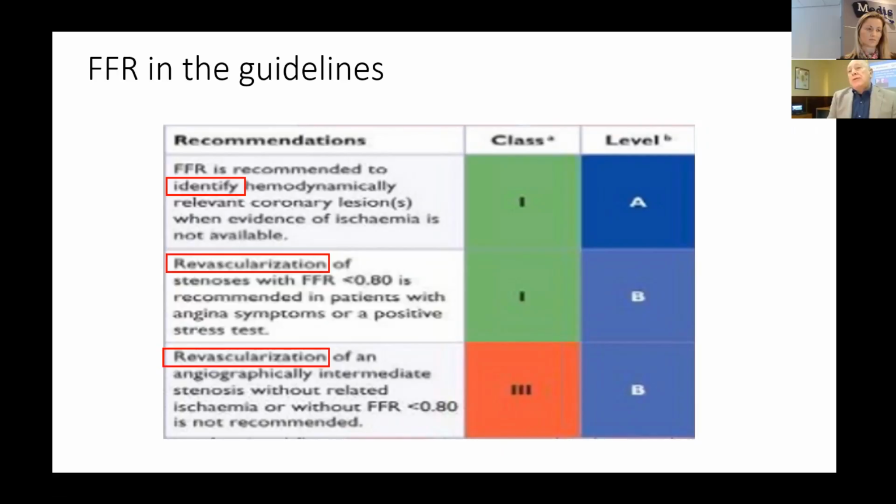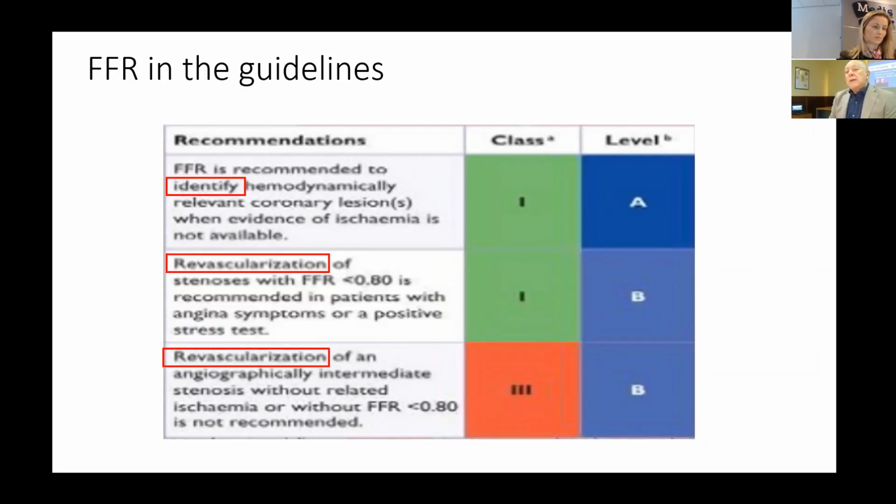I work in interventional cardiology in Sant'Anna Sebastiano Hospital in Caserta, Italy. And we had the chance to use this software for several months, so I can show you some indications and some uses of this software. First of all, I want to recall the use of FFR, the current guidelines. I apologize for the quality of this slide, but what is important here is the use of FFR. We can use it, we must use it to identify hemodynamically relevant coronary lesions when evidence of ischemia is not available, and this is a class 1 level A indication, and 2 indications for revascularization, 1 positive and 1 negative.